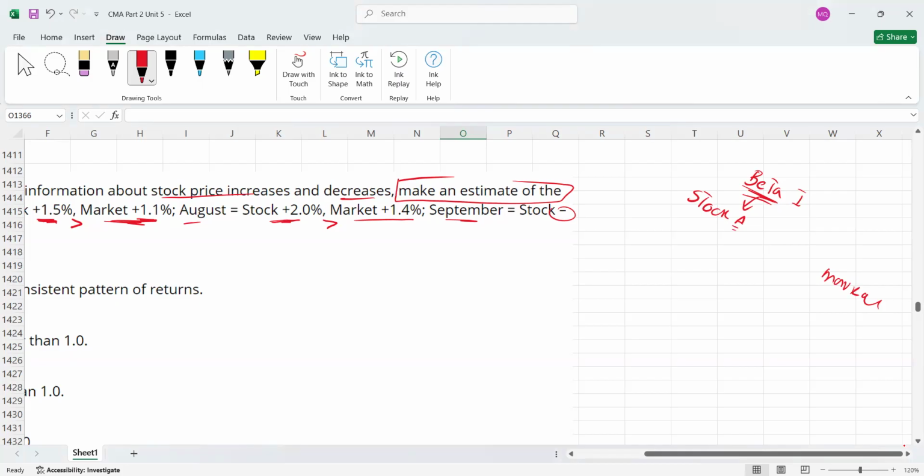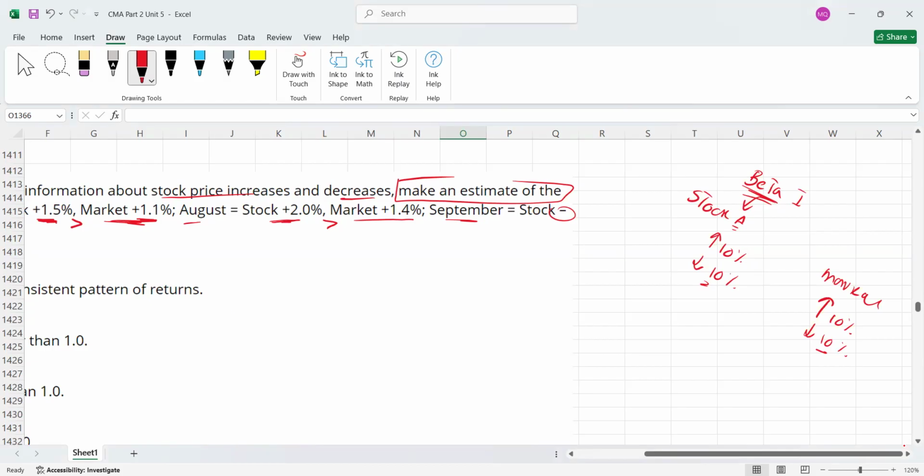So if beta is 1, it means if the market goes up by, let's assume, 10%, this stock price will also go up by 10%. If the market goes down by 10%, the stock price will also go down by 10%. These percentages are assumed only. It could be 20%, 30%, right? So this is exactly the meaning of beta 1.